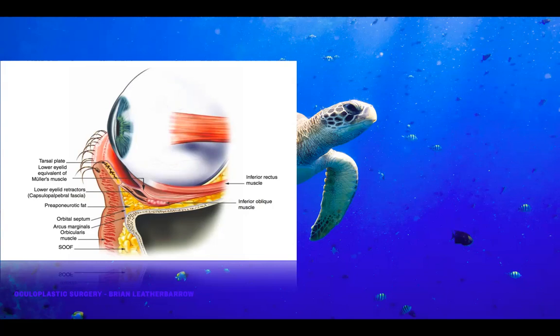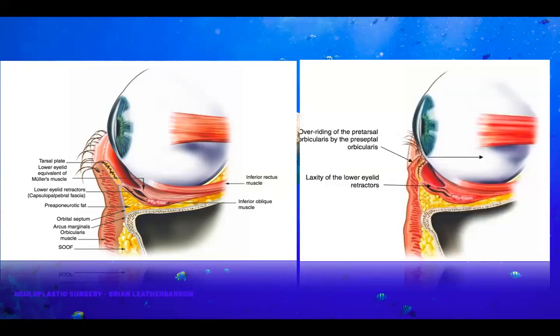But be aware of the three lamellae. The anterior lamella is the skin and orbicularis muscle. The middle lamella is the orbital septum, the inferior eyelid retractors and the orbital fat. And the posterior lamella is the tarsal plate and conjunctiva. And what happens in lower lid entropion with involutional entropion is that the lower lid retractors become lax or dehisce, and this results in a rotation of the lid margin inward toward the globe.